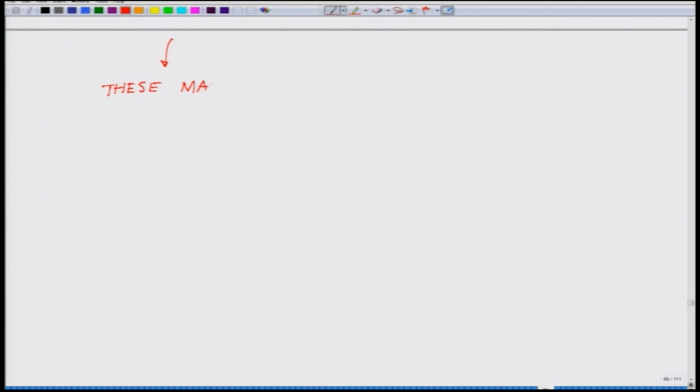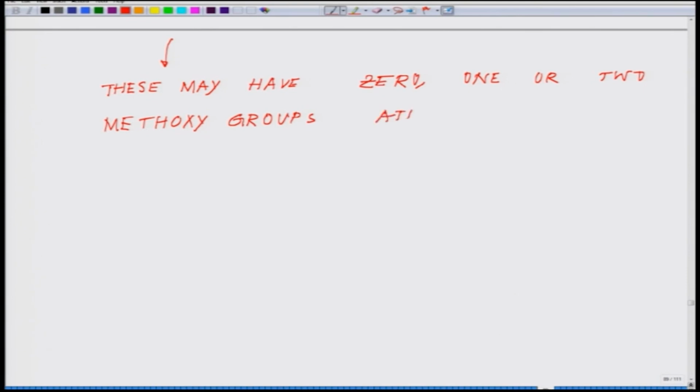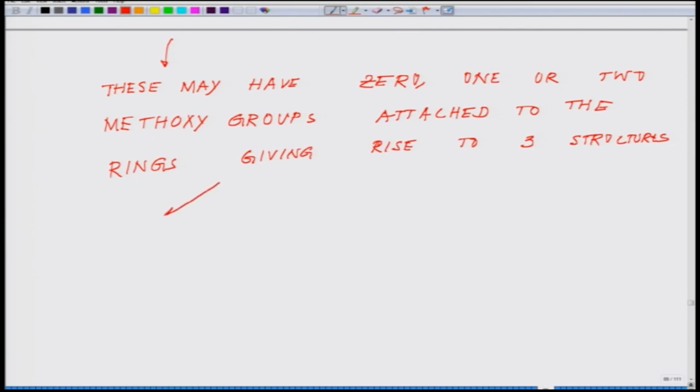these may have 0, 1 or 2 methoxy groups attached to the ring, giving rise to 3 structures, Roman 1, 2, 3.